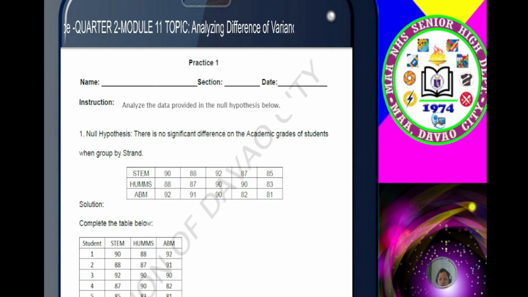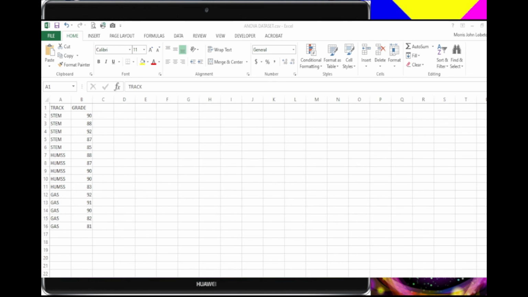So let's answer. I will just use the JAS software to check our work. You do the manual computation while I do the automated computation. So here's the tabulated data in our Excel.